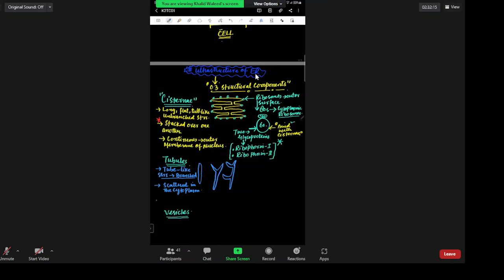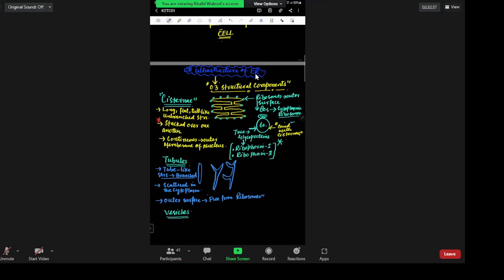Third, their outer surface. Whose outer surface? Sir, tubules, is free from ribosomes. कौन से ribosomes?